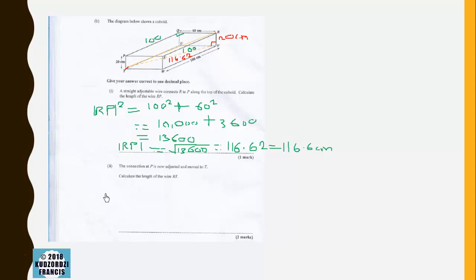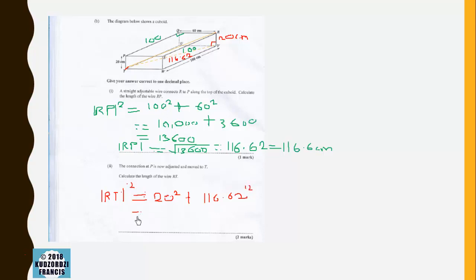So we have RT squared to be equal to 20 squared plus 116.62 squared.